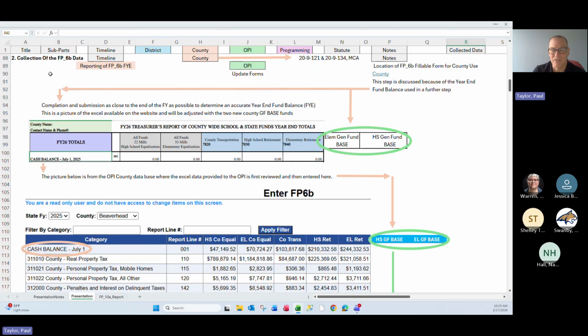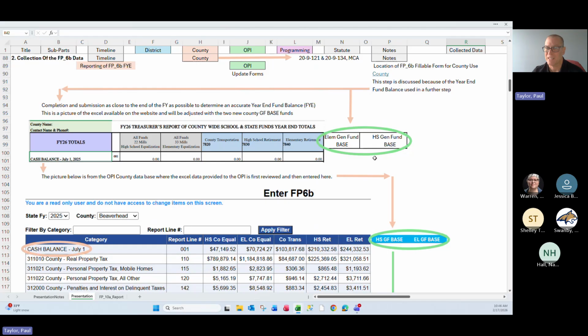The reason it's being discussed here is not only is it important that we understand that we're going to add a couple more columns, but it's also important because the ending fund balance is important to this calculation, because the ending fund balance for a county cannot be reserved. Unlike school districts, when you have ending fund balance, frequently in a lot of funds, you have the option of making reserves.